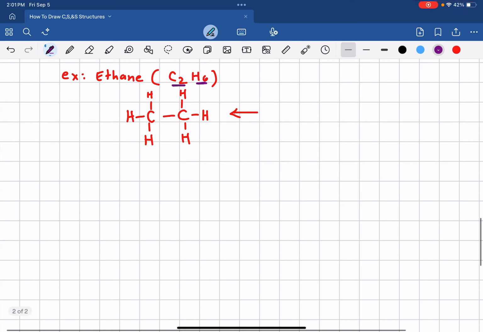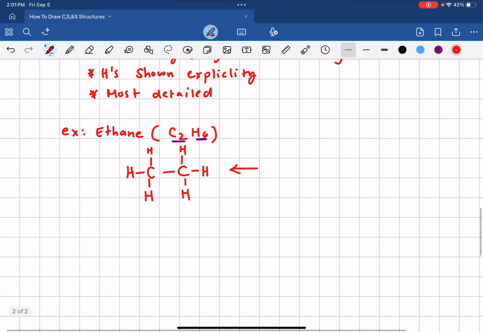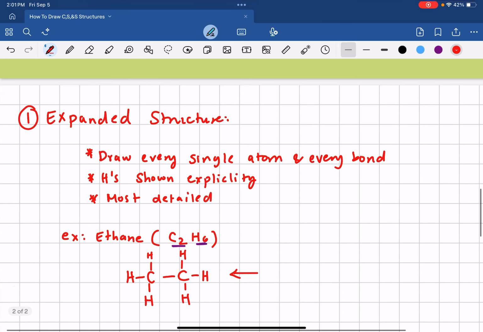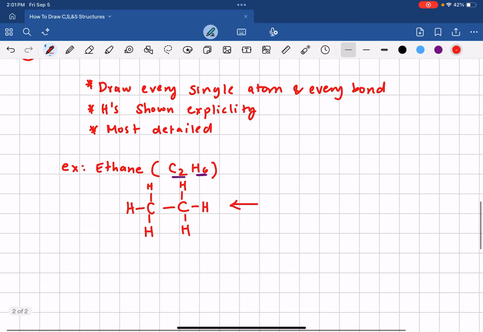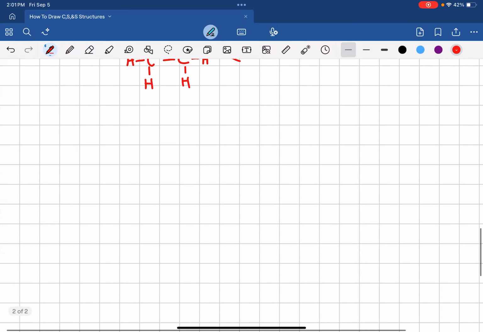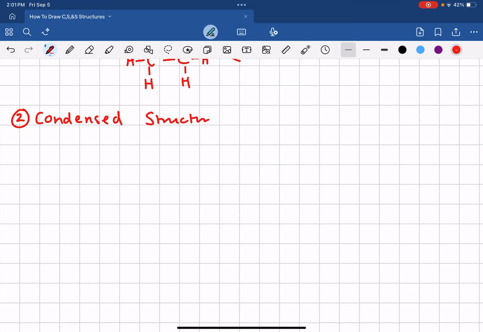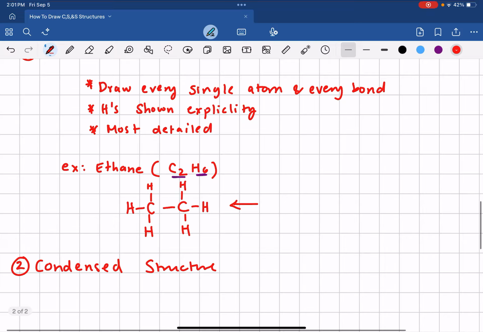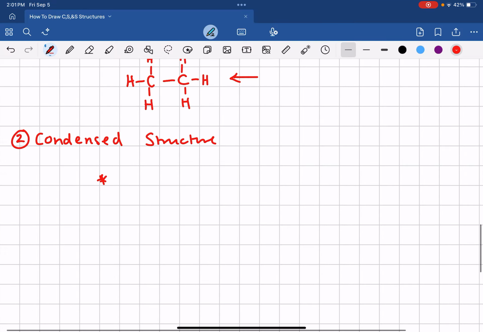Now let's look at the second way I can draw a structure. So the first one was expanded. Now the second one is called condensed structure. A condensed structure means that instead of drawing every single bond, we will shorthand notate them.